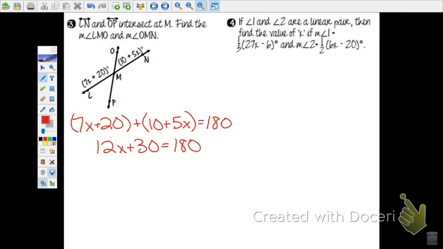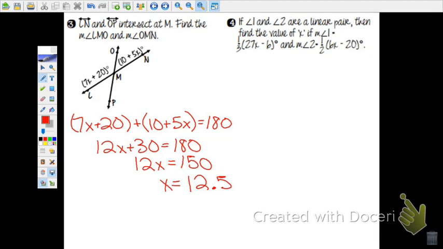So I subtract 30. 12x equals 150. I'm going to divide by 12. And I get 12 and a half. Okay, so x is 12 and a half.